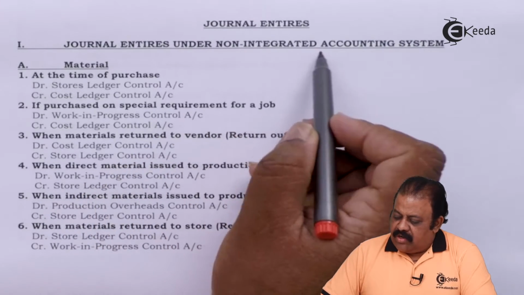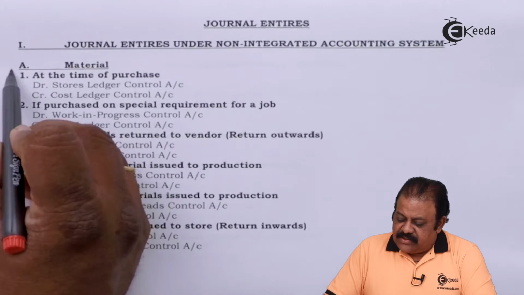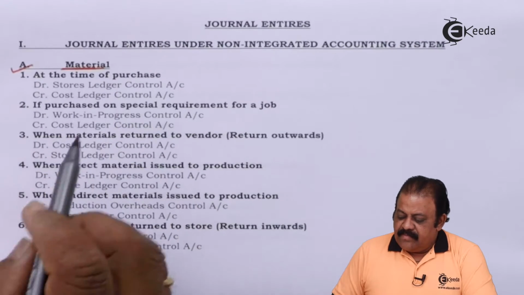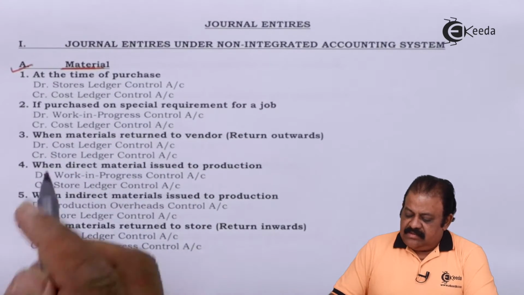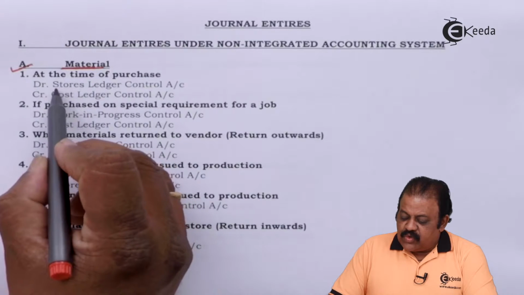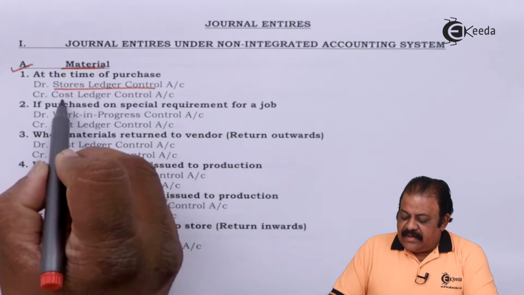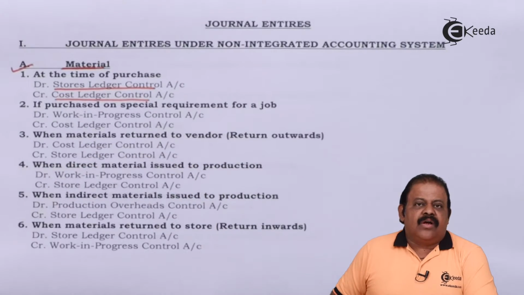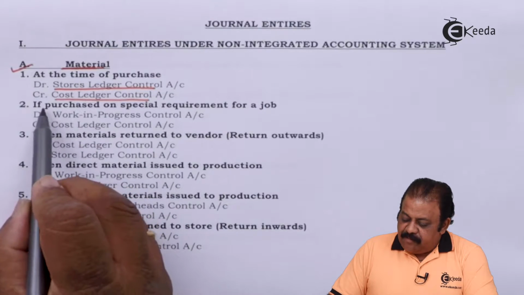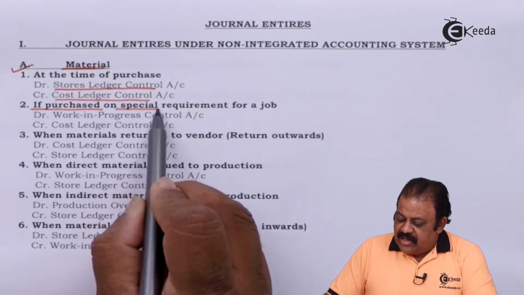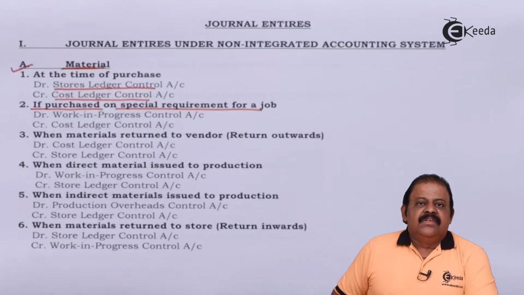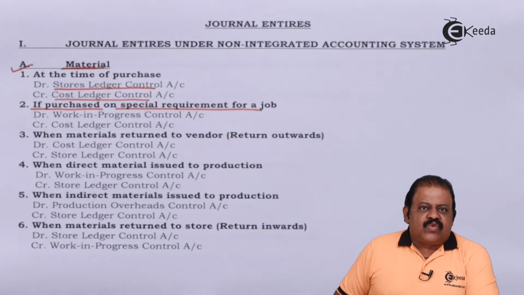Journal entries under non-integrated costing system. First, relating to materials. At the time of purchase, we are required to debit stores ledger control account and credit cost ledger control account. If purchased on special requirement for a job, then it will not be recorded to stores account.